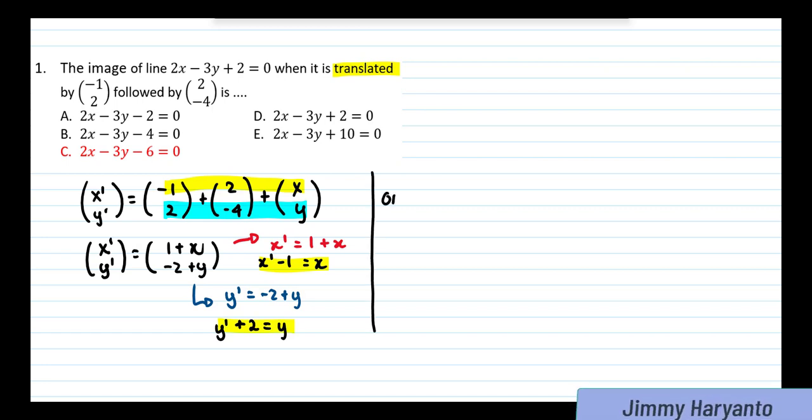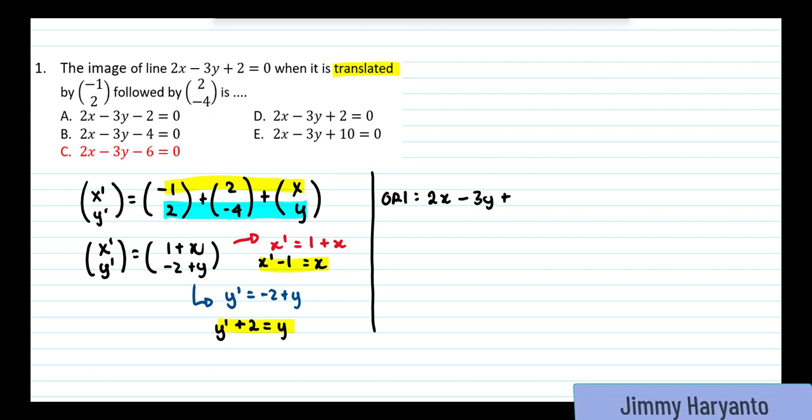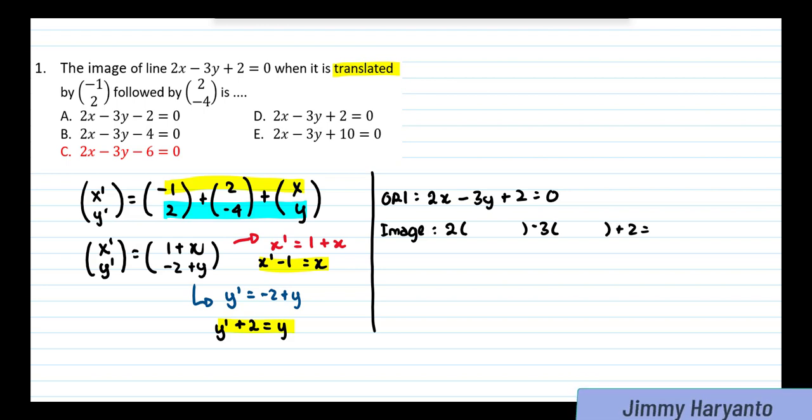Okay, the original line is 2x minus 3y plus 2 equals 0. We only need to substitute the x and the y, like 2 times, and then -3 times, and then plus 2 equals 0.